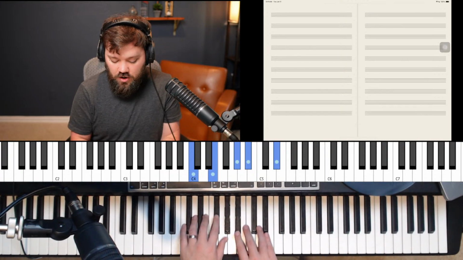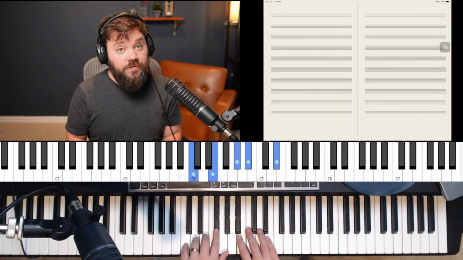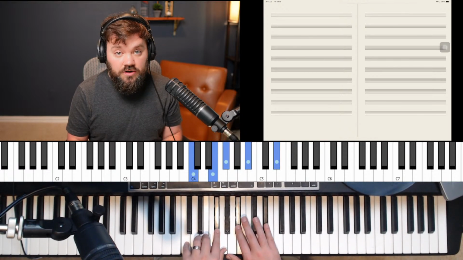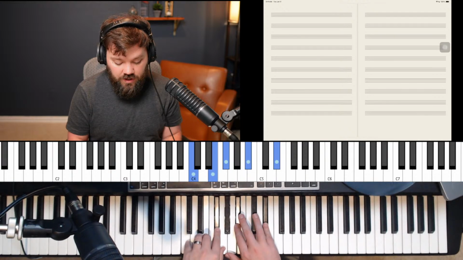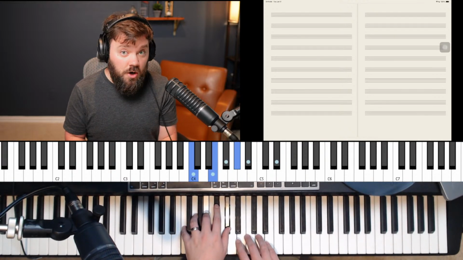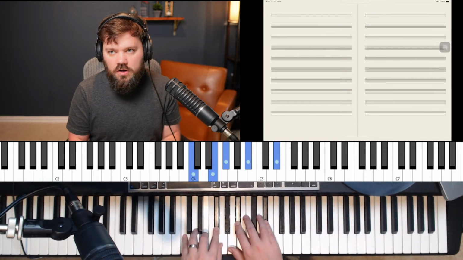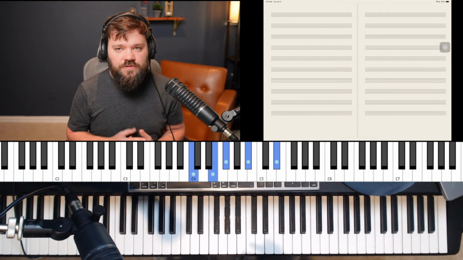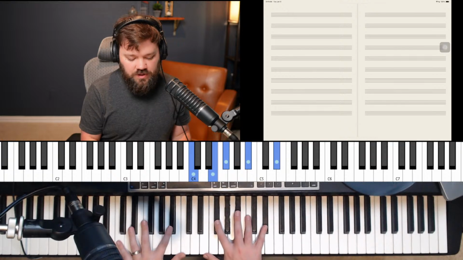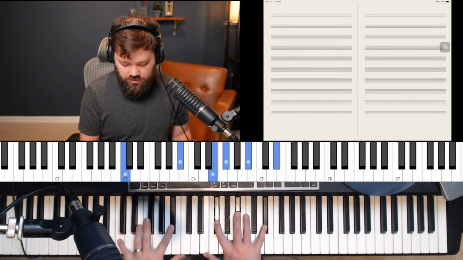So we could do flat 5 and sharp 9. We could do sharp 5 and flat 9. These are all completely valid ways to play a dominant chord.